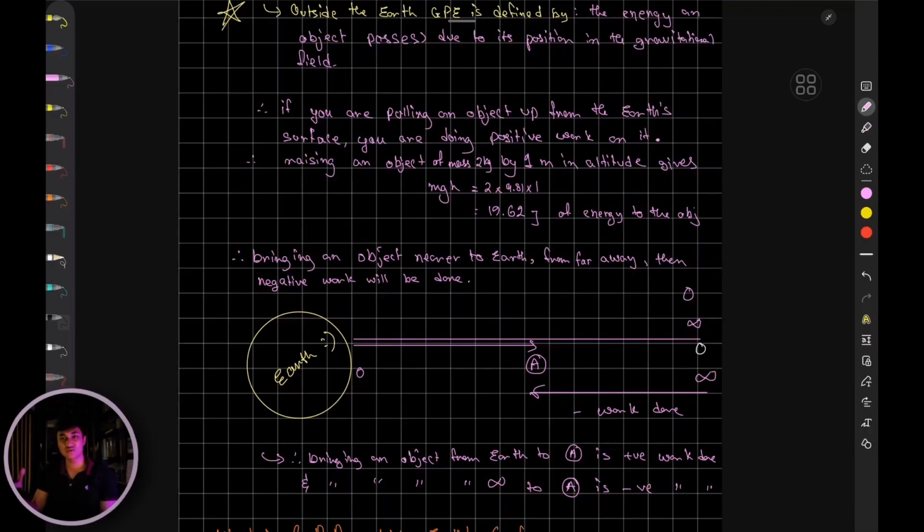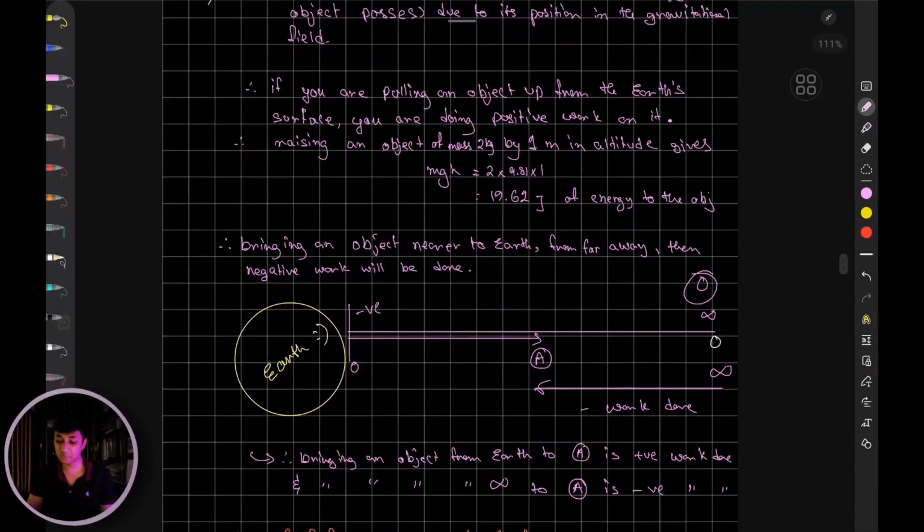So, granted, we understand that at infinity, the gravitational potential energy is 0. We can say near the surface, the gravitational potential energy has to be negative. Why? Because only if the potential energy near the surface is negative will it increase to 0 at infinity.